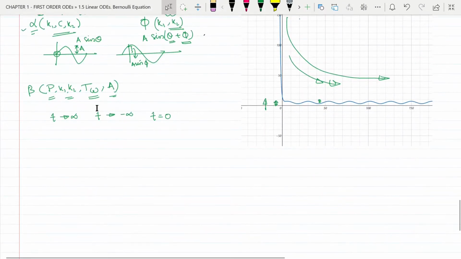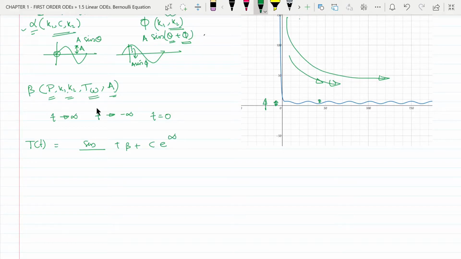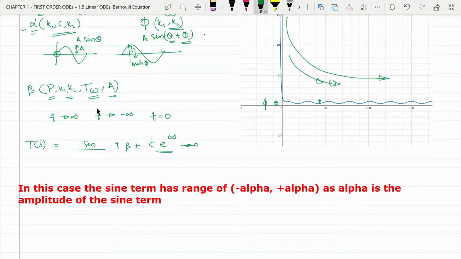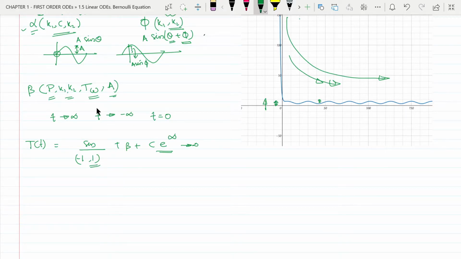So this T of t equals the sine wave plus beta plus c e to the power positive infinity. And this term tends to infinity, and we know the sine term goes from -1 to +1 at best. So these two terms are negligible compared to this term which is infinity.